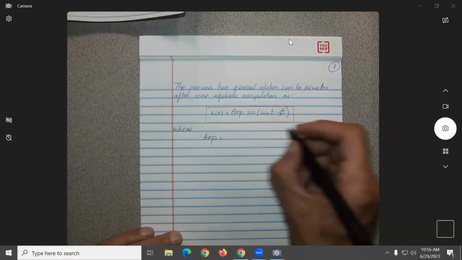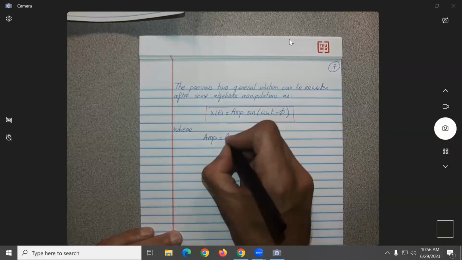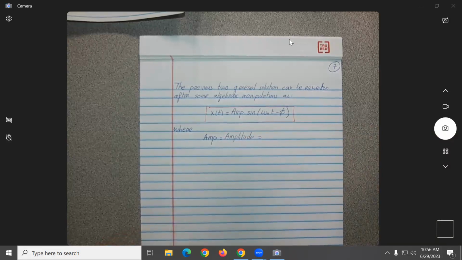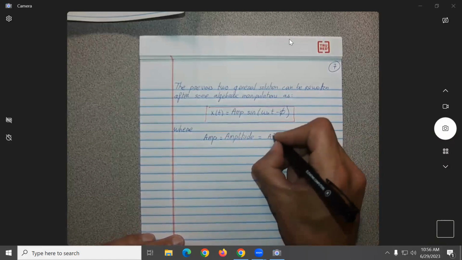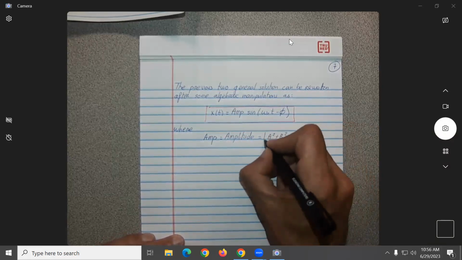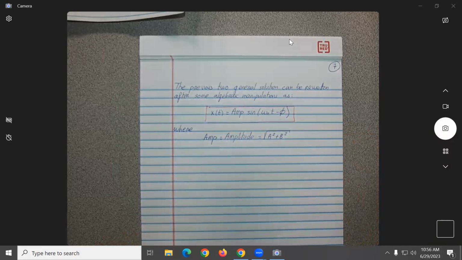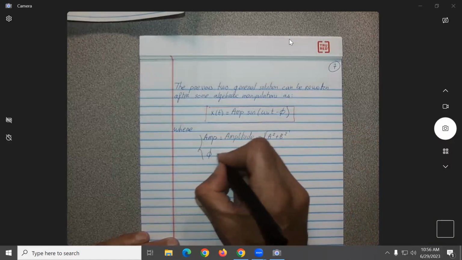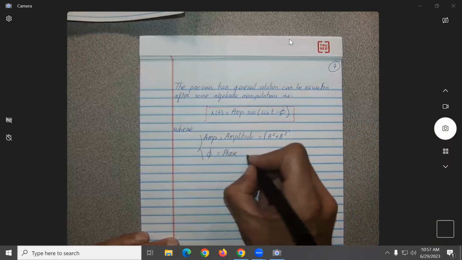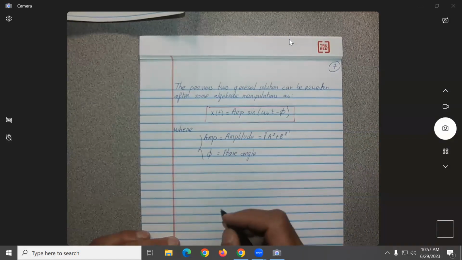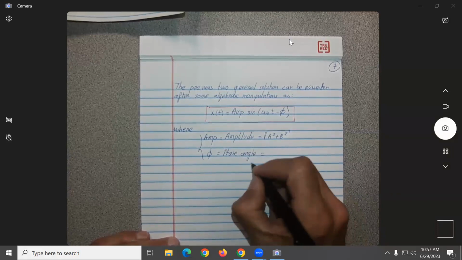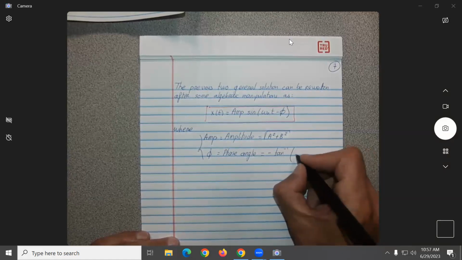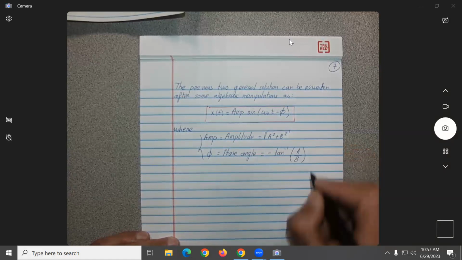So A is the amplitude of the motion, and that will be equal to the square root of the two constants, a squared plus b squared, and phi will be known as the phase angle, and will be equal to the negative of the inverse tangent of a over b.